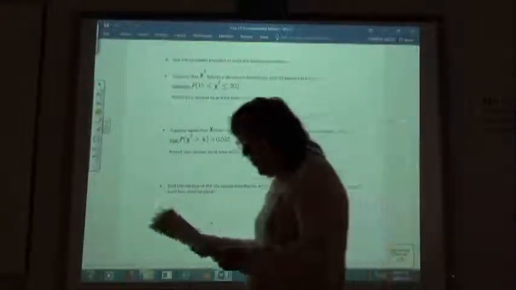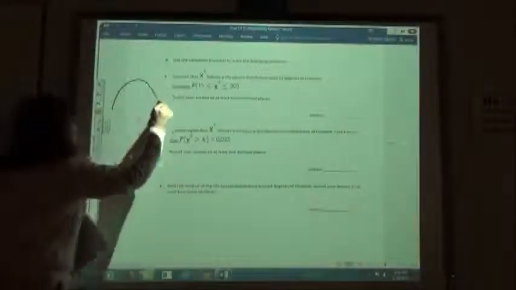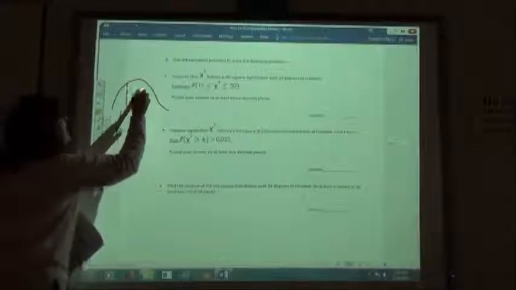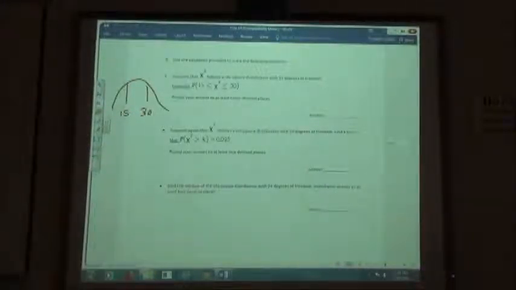All right, so number 8, same kind of thing here. This time we are going to find the area between 2 numbers on our distribution. So we have a 15 and we have a 30. And so all we're really going to do is just subtract the two different areas.